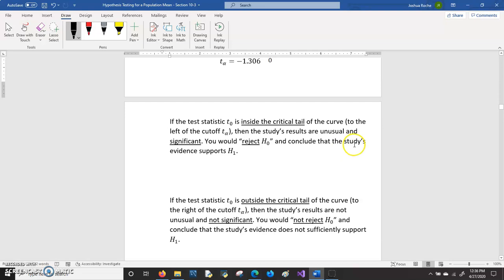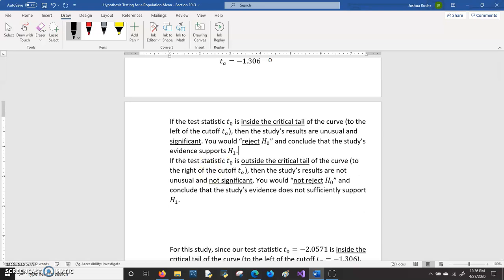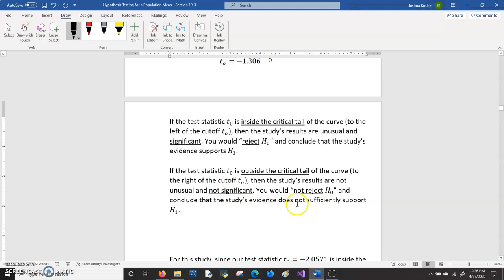And you would conclude that the study's evidence is supporting the alternative hypothesis. If the test statistic is outside the critical tail of the curve, then the study's results are not unusual and not significant, and you would not reject the null hypothesis.